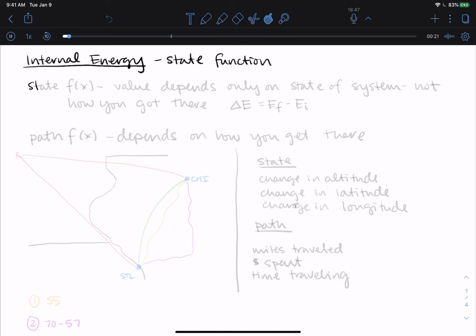A state function means that the value depends only on the state of the system and not how you got there.